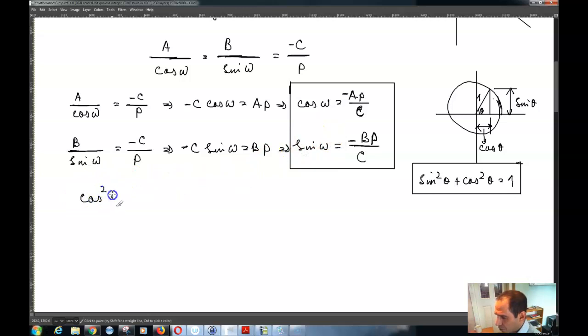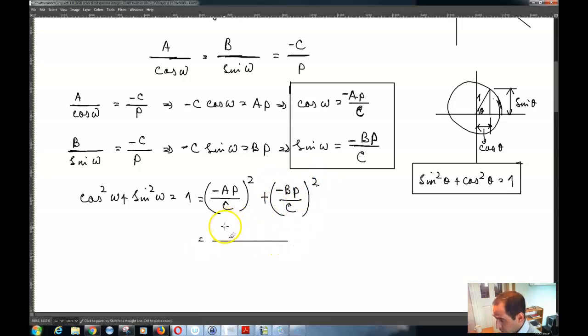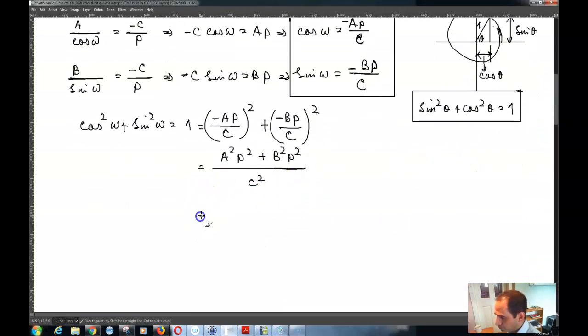Then I can write cos squared omega plus sine squared omega is equal to 1, which is equal to (negative AP over C) whole squared plus (negative BP over C) whole squared, which is equal to A squared P squared plus B squared P squared over C squared, and that is equal to P squared times (A squared plus B squared) over C squared.